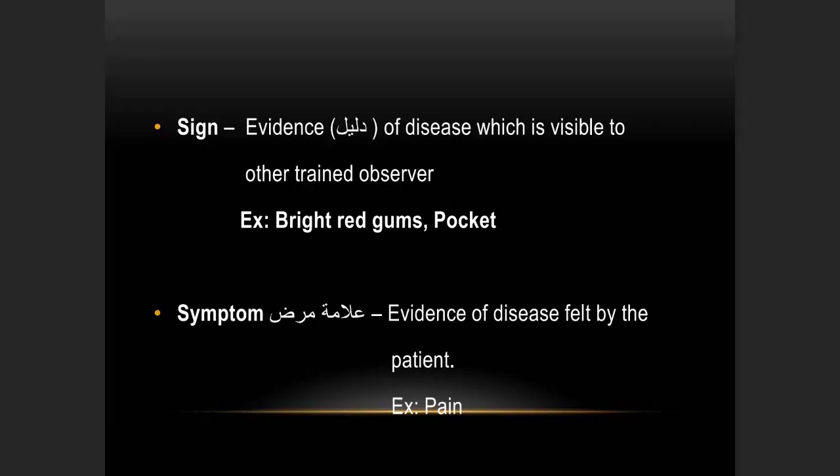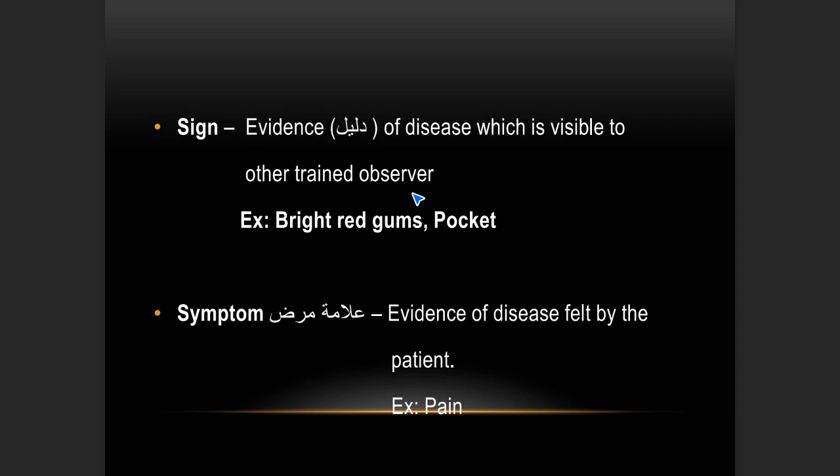Okay, in case history, these are the two terms which we will be using very frequently, and maybe these terms are new to you, so we will explain this before we go into it. Sign and symptom. What do you mean by sign? Sign is evidence of disease which is visible to a trained observer.